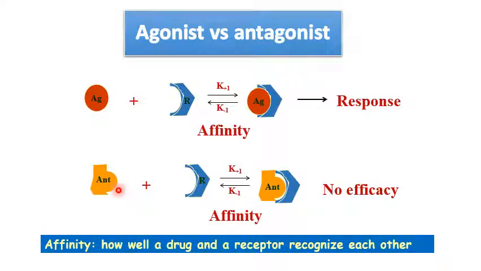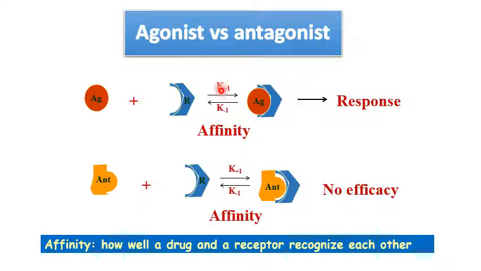The same applies in the case of an antagonist. If the drug or antagonist has high affinity to the receptor, then the rate constant for the binding of the antagonist to the receptor is more than the rate constant for the dissociation of the antagonist from the receptor. And the response depends on whether this substrate is an antagonist, and this will produce no effect or no efficacy, and if it is an agonist, the binding will produce a response or efficacy.